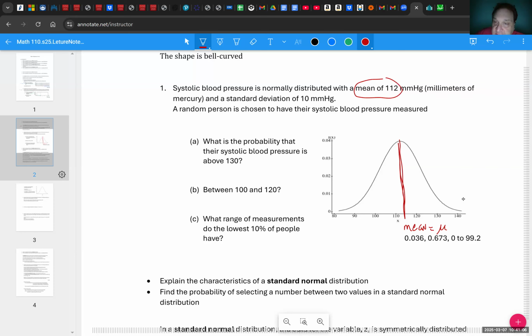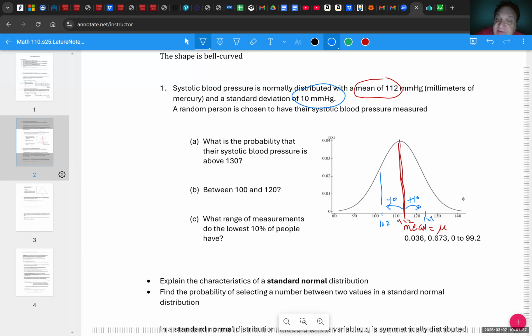And for the standard deviation of 10, if I add 10 or subtract 10, I get a couple of values. 112 plus 10 is 122, and 112 minus 10 is 102.